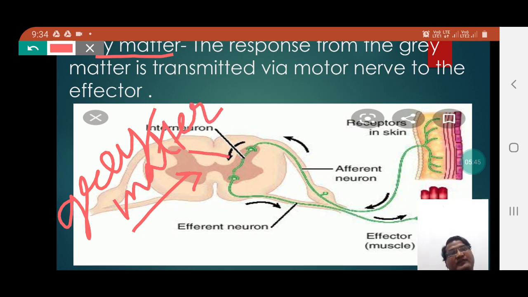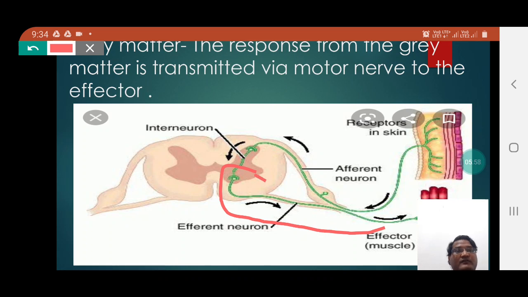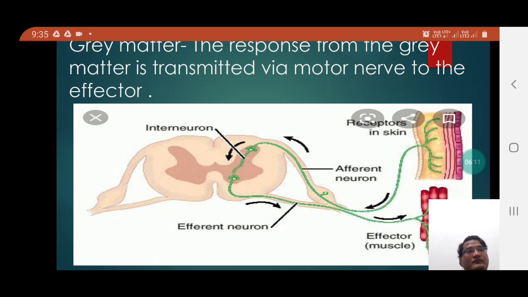This grey matter transmits the instructions or the information via the motor nerve to the effector.